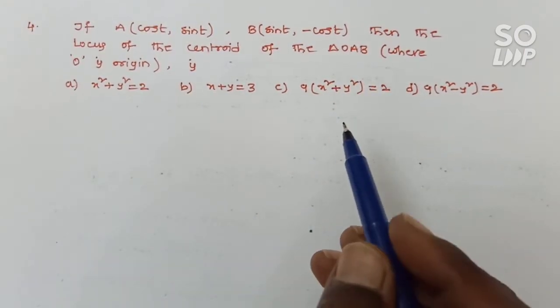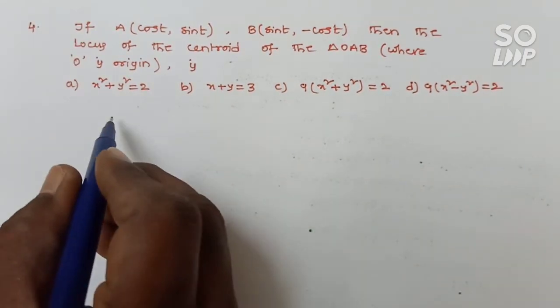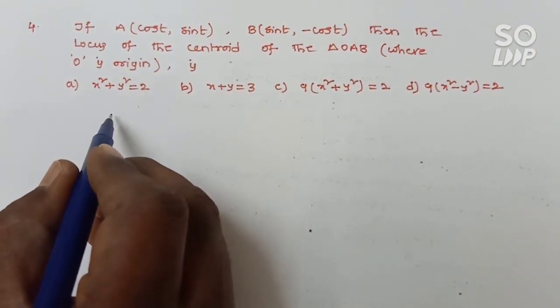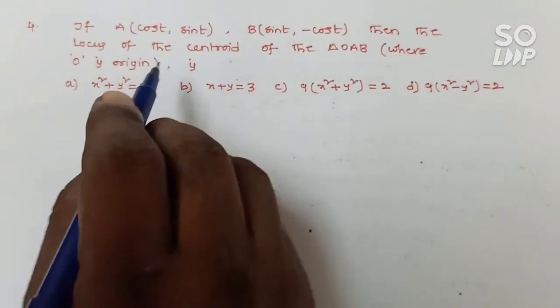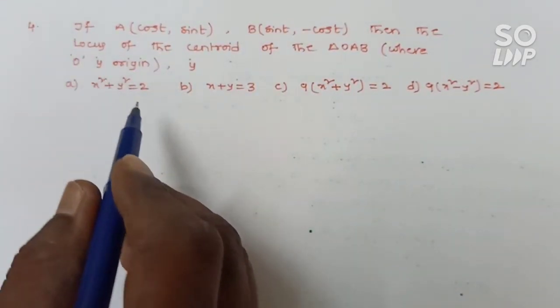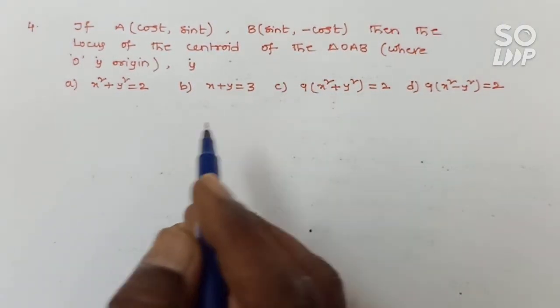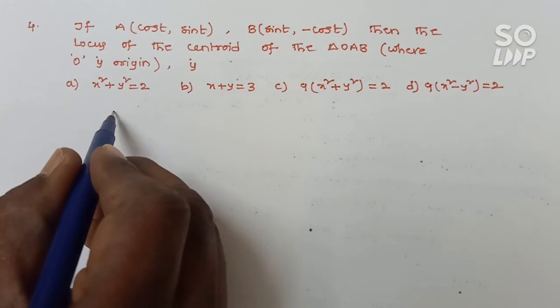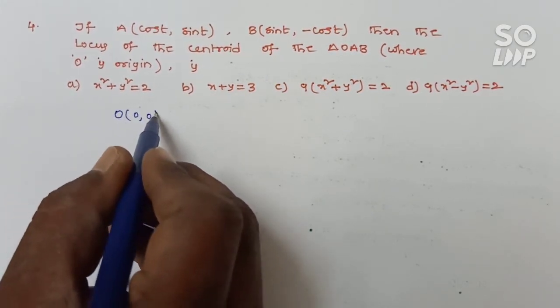Now first of all, write the given points. You have to find the locus of the centroid of triangle OAB. O is the origin, so O is equal to (0, 0).